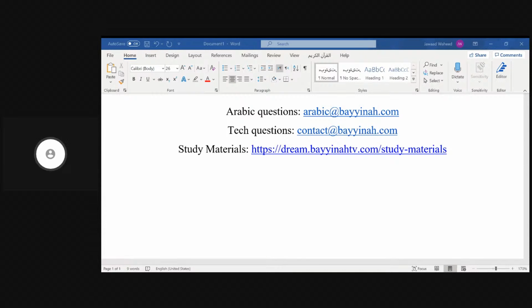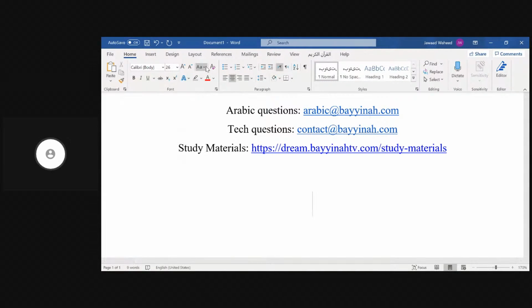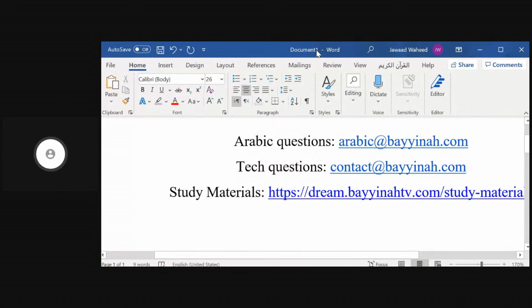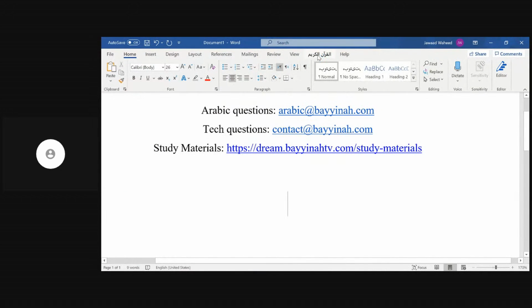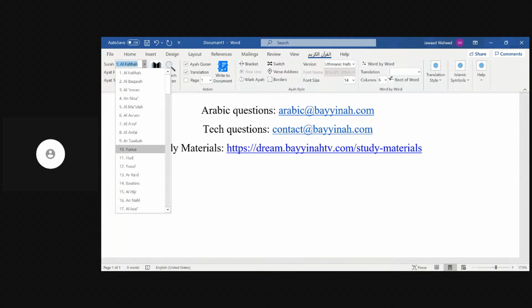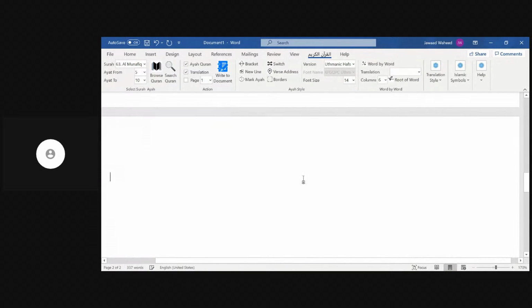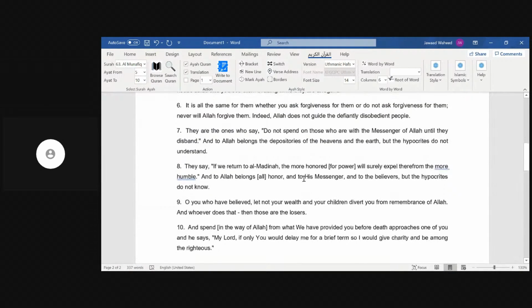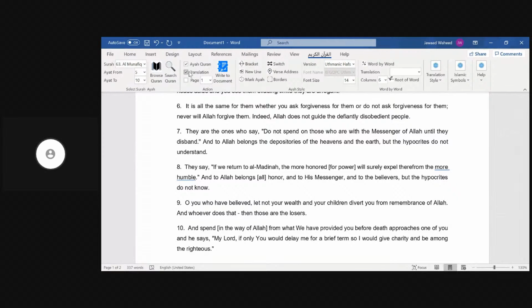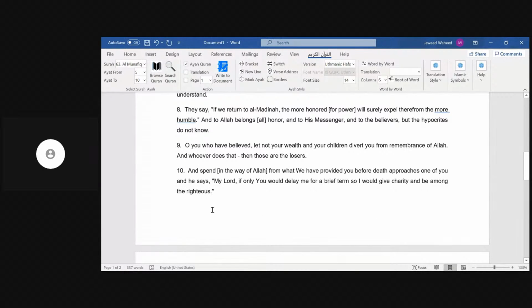Surah Munafiqun. Okay, let me put in Surah Munafiqun and see what we can do with that. Oh, it included the translation.